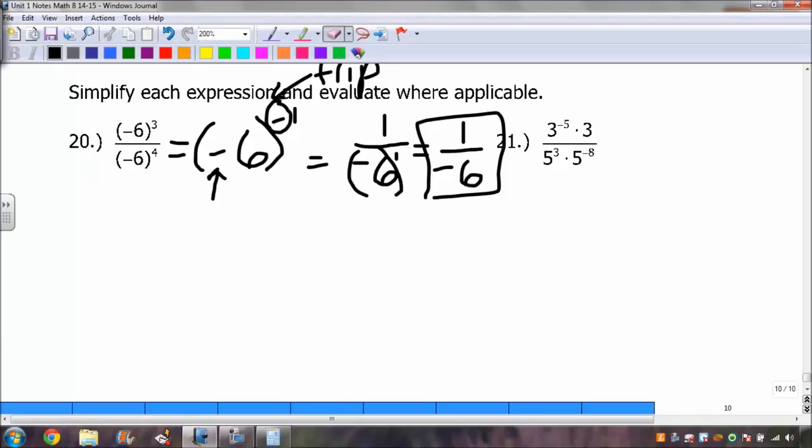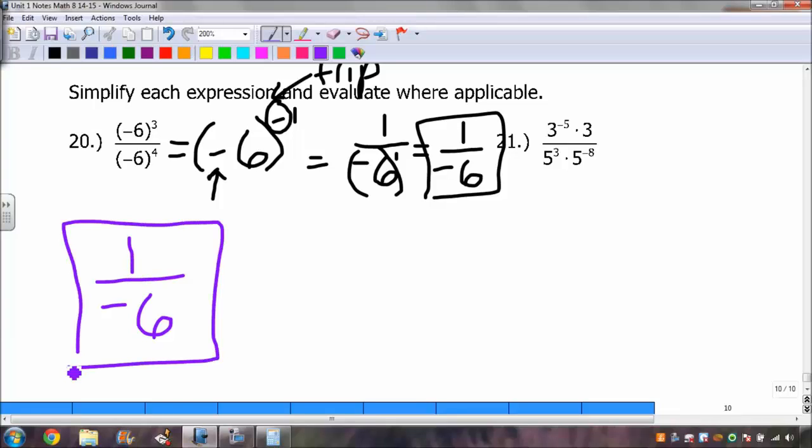But where is that 1 negative 6 going to be left over? It's going to be left over in the denominator, right? Because there were more in the denominator than there were in the numerator. So then you have to put a 1 as a placeholder on top, so you end up getting 1 over negative 6.